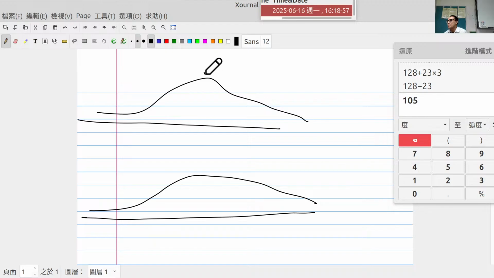Here's the mean. In the original data, that is 128 millimeters of mercury, but after normalization, here is 0, and the standard deviation is 23 for the blood pressure.